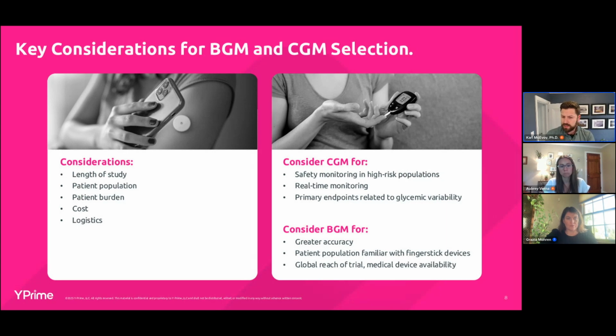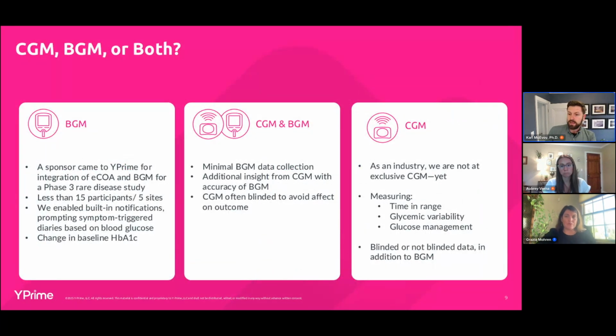But also we want to make sure that if we're using a primary endpoint that relates to variability or time in range, along with maybe a PRO, the CGM could give a better, more holistic view of that data. And then on the next slide, I'll talk about a couple of scenarios where we see one or both, and maybe start to think a little bit about where we might see CGM used solo in the future.